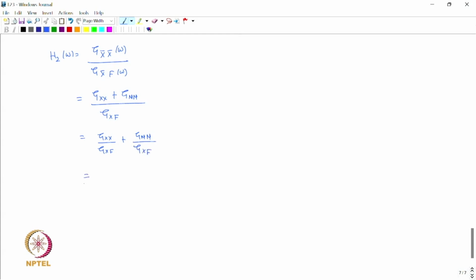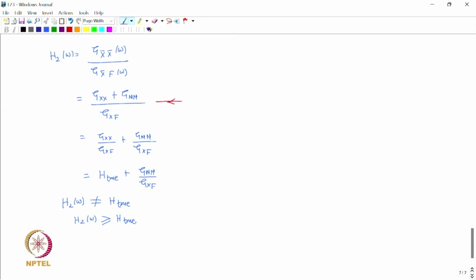So Gxx upon Gxf is nothing but the true frequency response function, plus Gnn upon Gxf. So we see that H2 omega is not equal to H true. In fact, H2 omega is always more than or equal to H true. From this equation we can see that.